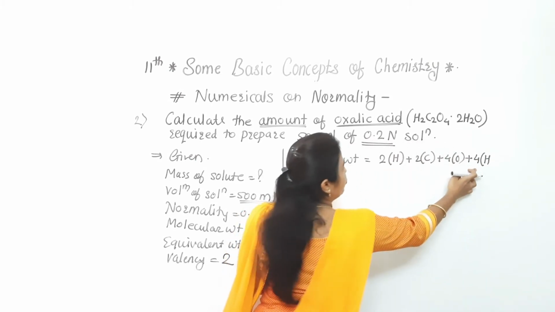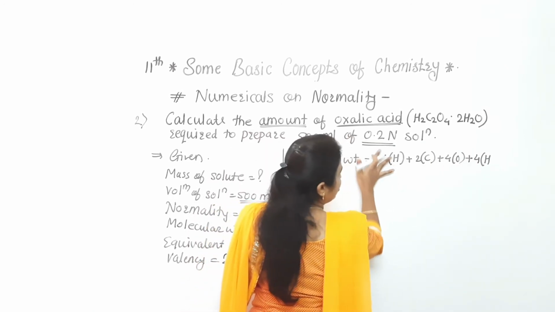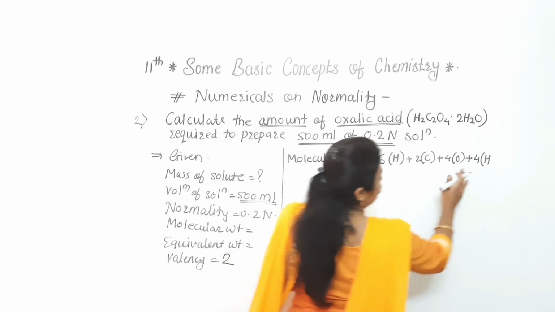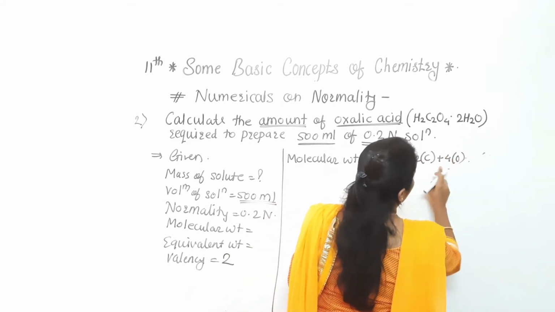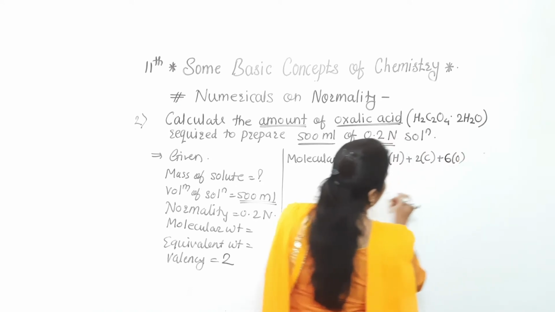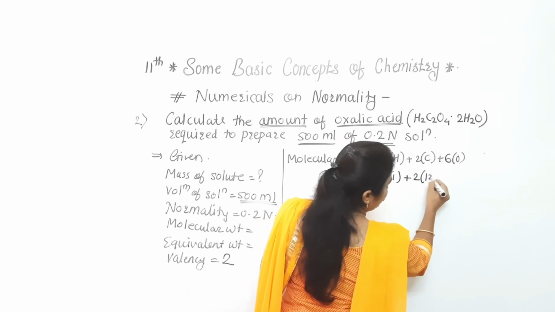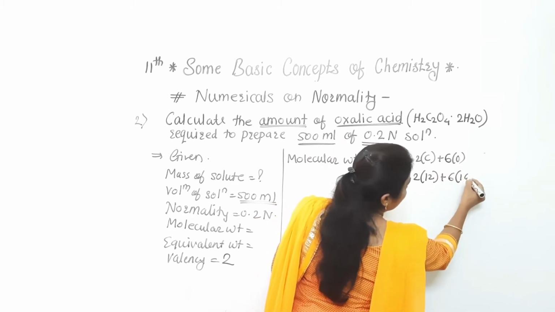You will ask me, can we write it together? Yes, we can write 2 hydrogen plus 4 hydrogen. Here we can write the 6 also. Now see, oxygen number is 2. Here already 4 are there. So we can add these 2 oxygen here also. Now see, 6 into 1 plus 2 into 12 plus 6 into 16.